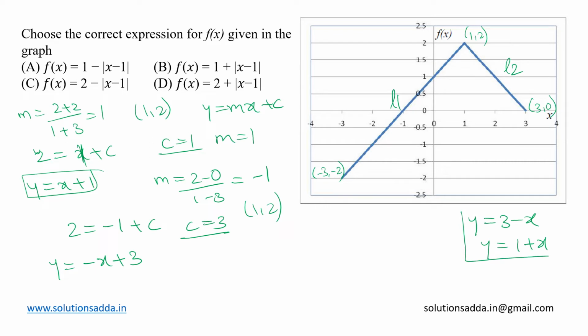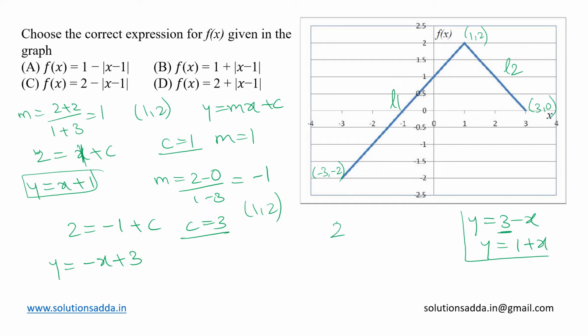Now we need to convert both of these into one common form using a modulus so that the given option will satisfy both these lines together. So for 3 minus x and 1 plus x, we can break this, let us say, with 2 and keep the things separate.